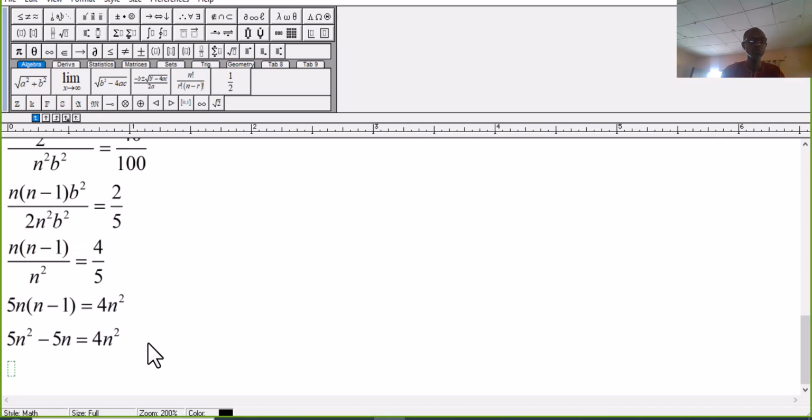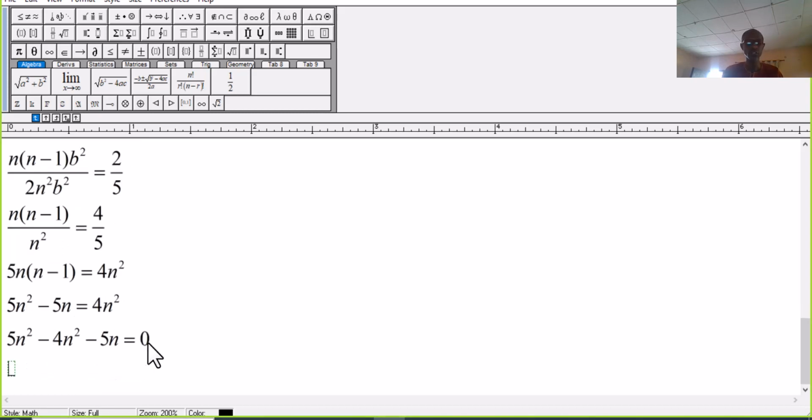So collect the like terms together. 5n squared minus 4n squared minus 5n equals 0. So in this case, we now have n squared minus 5n equals 0. So factorize that.